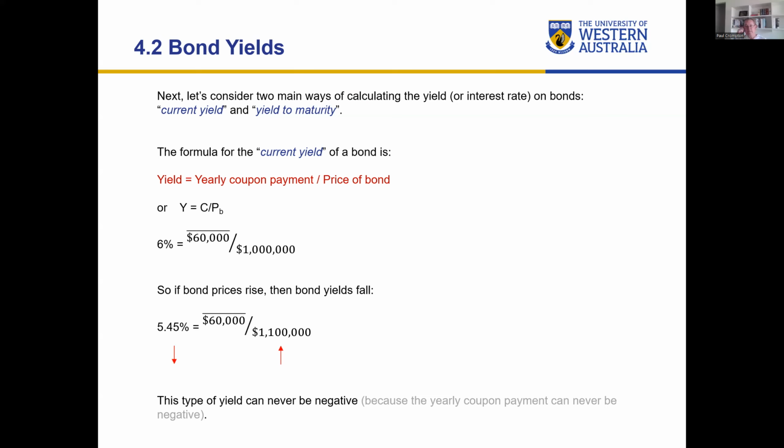Now, this is very important because this is the way quantitative easing works. And quantitative easing, and the opposite of that, quantitative tightening, is a policy that has been implemented by central banks around the world in recent decades.